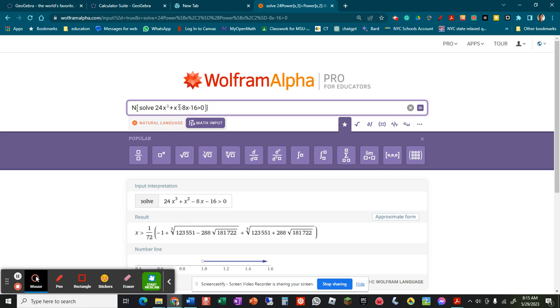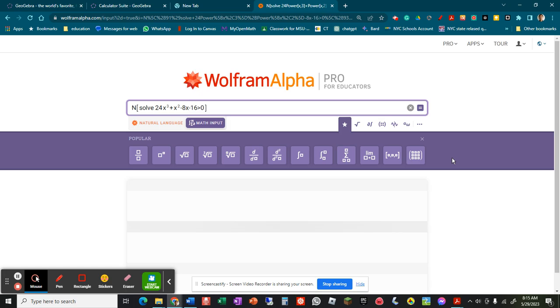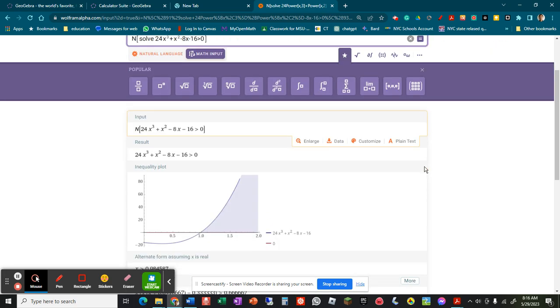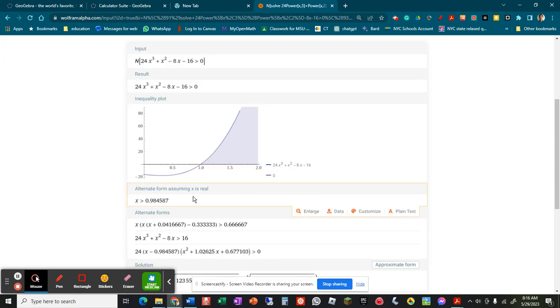If you enclose something in capital N, it will give you a numerical solution. So let's do that. My numerical solution is this one. Let's copy that also.